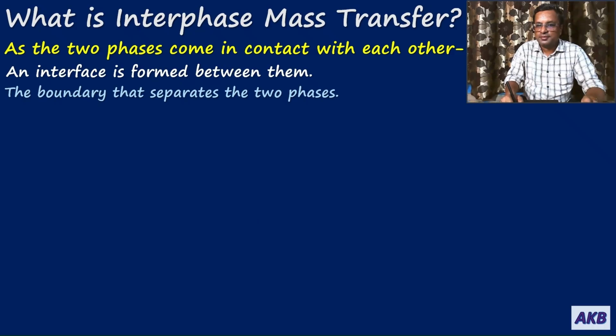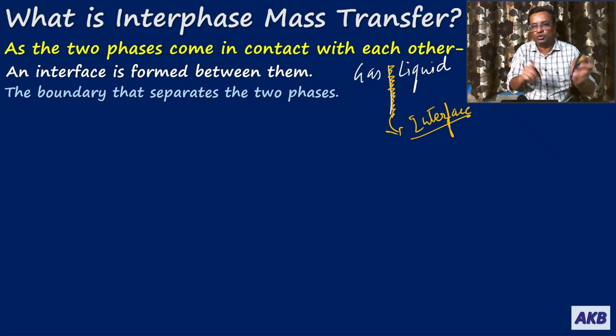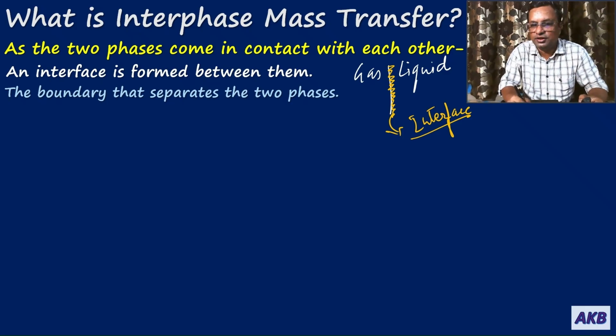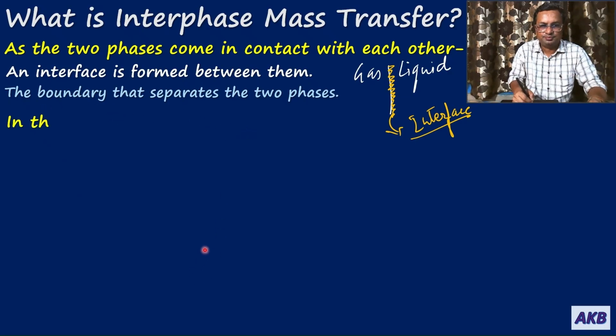So for example, if a gas phase is brought in contact with a liquid phase, then as soon as they come in contact with each other, there is a formation of a boundary that separates the two phases. And this boundary is nothing but the interface. So in the process of interphase mass transfer, when the two insoluble phases come in contact with each other, the first thing that happens is an interface is formed.